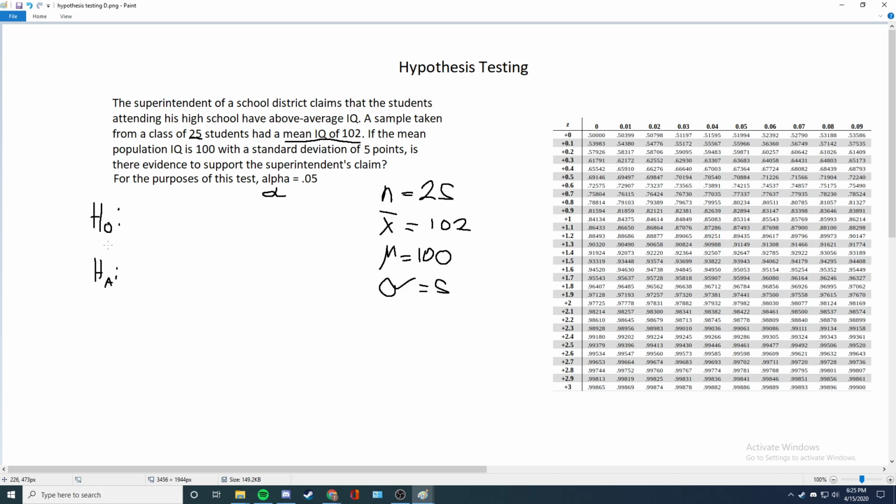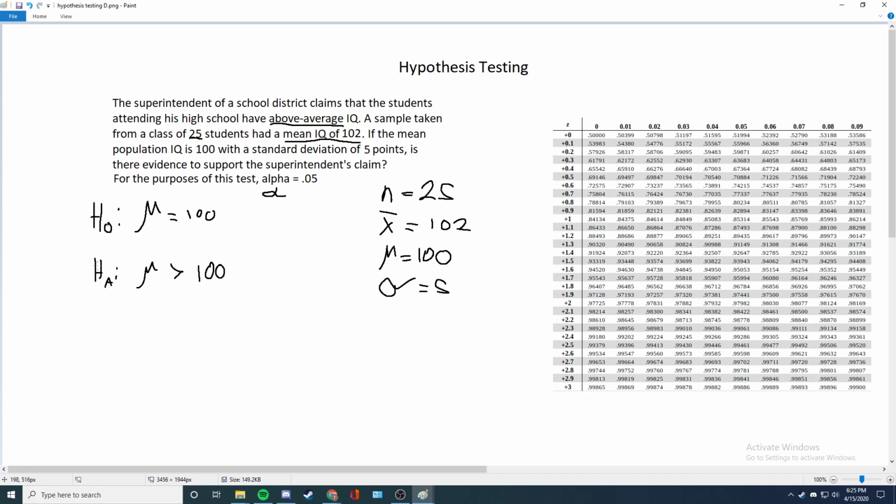Our null hypothesis for this problem will be that the students' IQ matches the population average, so we're saying that mu is 100. For our alternative, we want the mean of all the students to be greater than 100 because he's saying that the students have above average IQ. So our alternative will be mu is greater than 100.